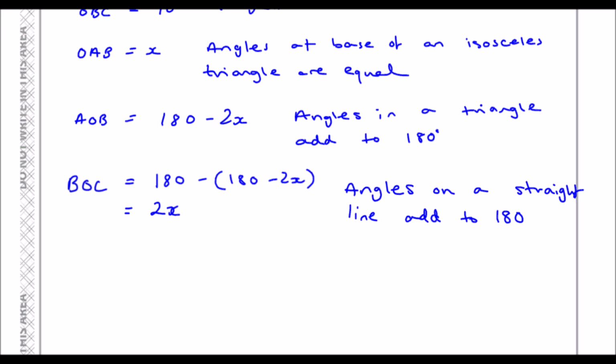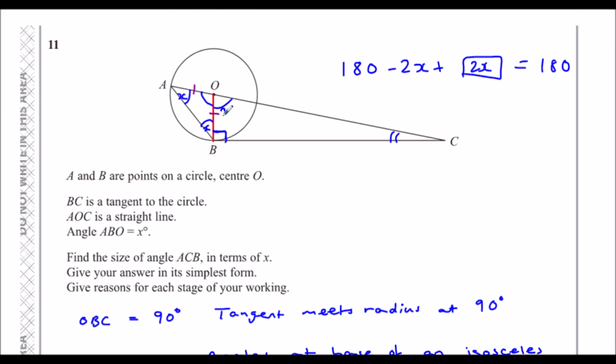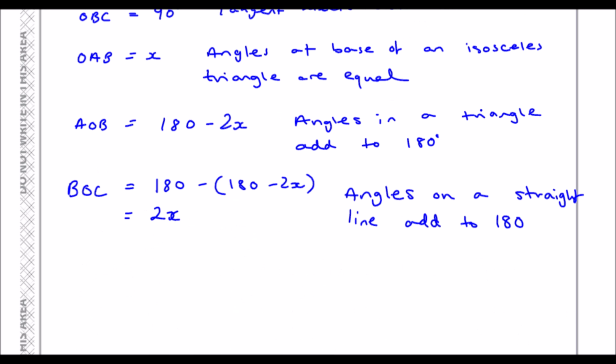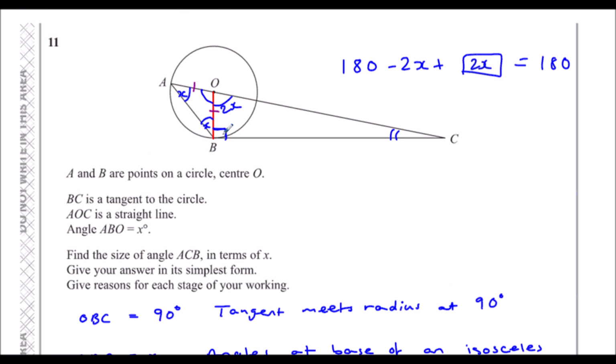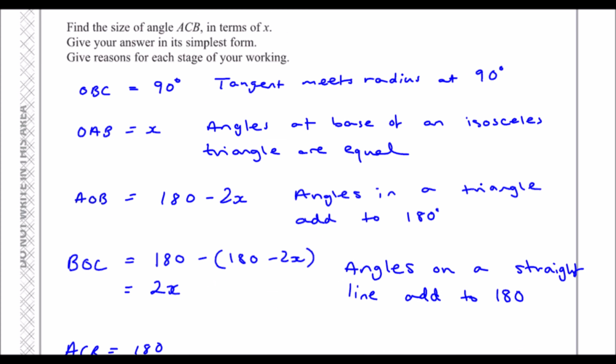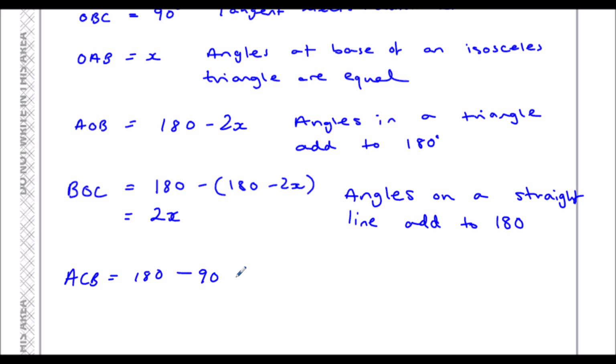So we've got BOC. This is 2x. We've got 90 degrees here. And again, we've got a triangle. So angles in a triangle. We're working out ACB. So ACB is 180 take away 90, take away 2x. 180 take away 90 is 90.